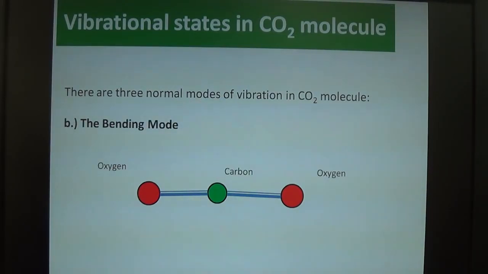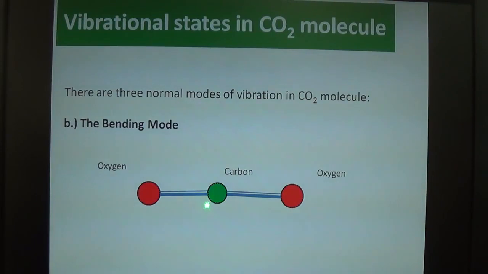Now the second possibility of vibration is the bending mode. Same here, at the center this is carbon, and this one is oxygen and oxygen. What happens in the bending mode basically? So this is the possibility.